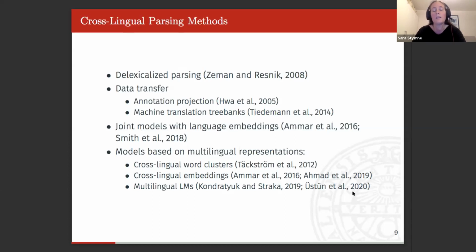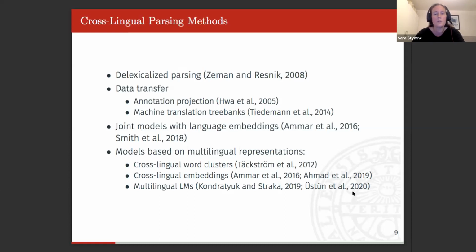And then you can apply this parser if you have part of speech tags for another language. So one issue here, of course, would be that if you have a language where you don't have a parser, you're also not very likely to have a part of speech tagger. So that's a problem, of course. And also the results weren't all that great, especially when the languages weren't very closely related.